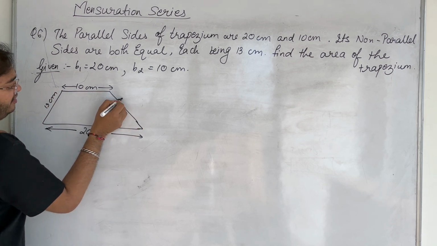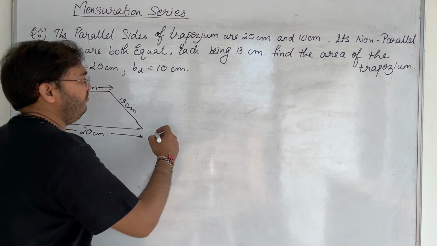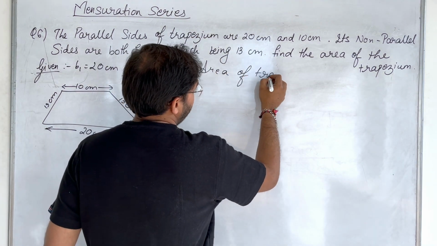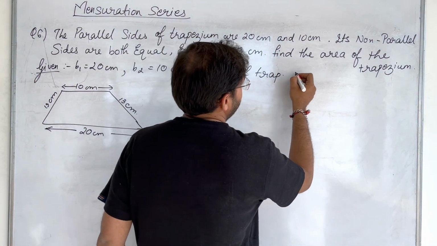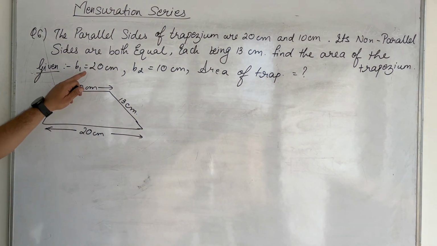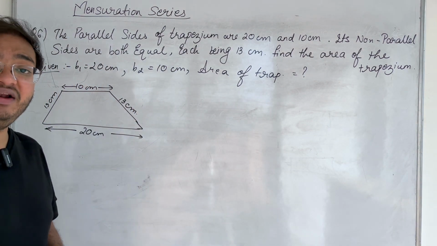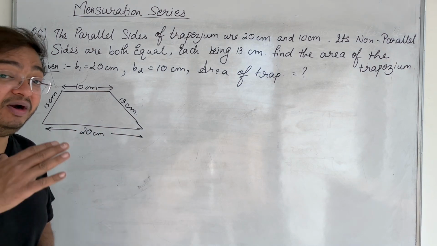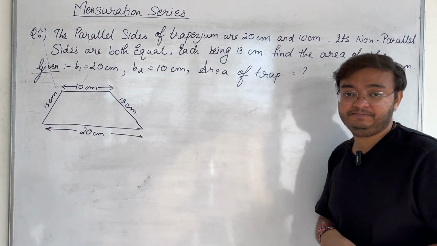Now this question becomes important. They have told us to find the area of the trapezium. Now what's the formula for the area of a trapezium? Area of trapezium equals half into base, that is b1 plus b2, into height. Half is a constant, b1 we know is 20, b2 is 10, but what's my height? Now you will say we can find the height using the previous methods, but remember, over there the area of the trapezium was given to you.